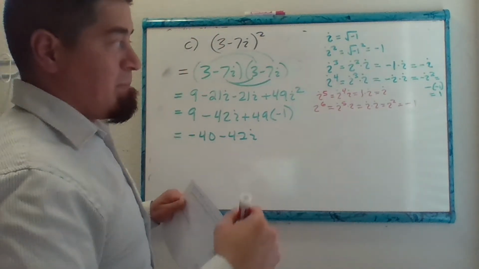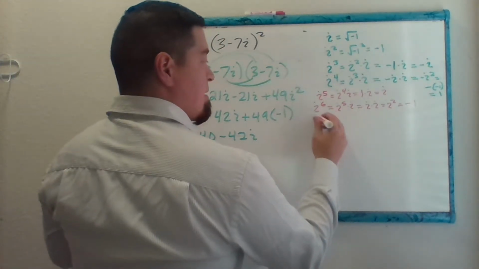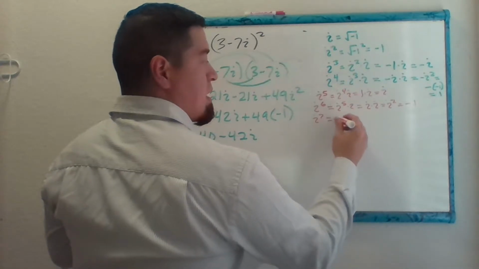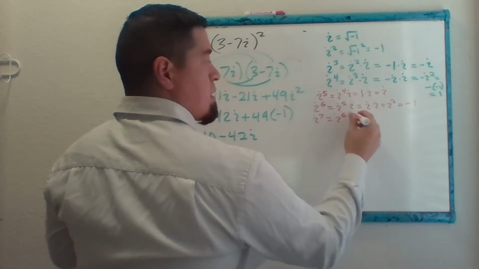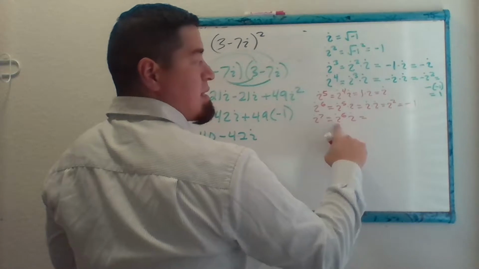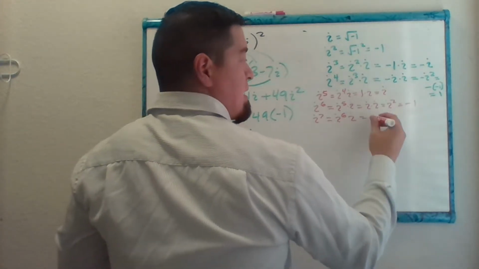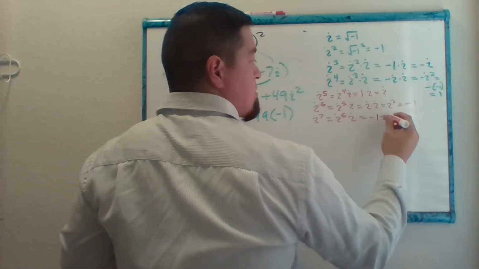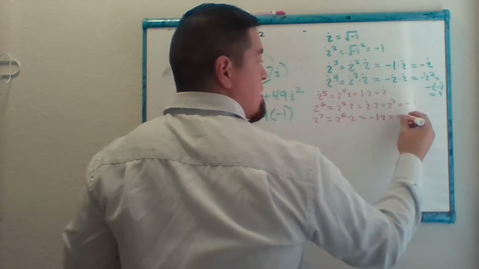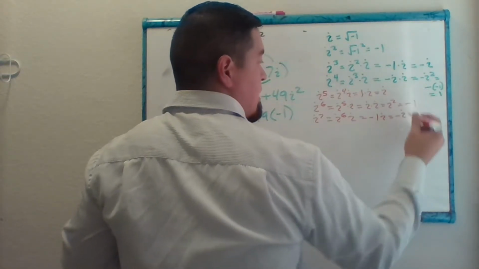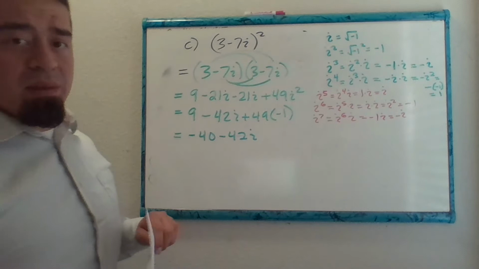Let's keep going, and hopefully we'll see a pattern. So now we have i to the 6th. We know it's negative 1 times an extra i. We get negative 1i, or in other words, negative i.